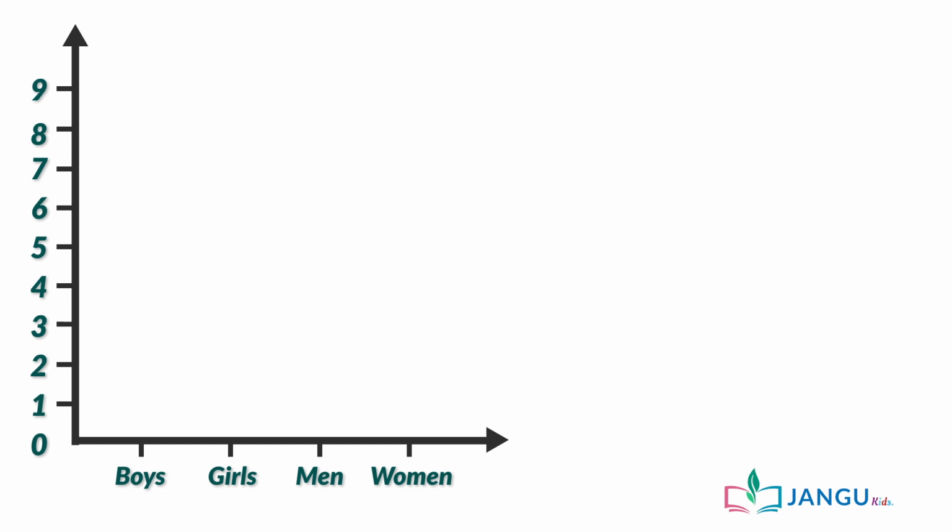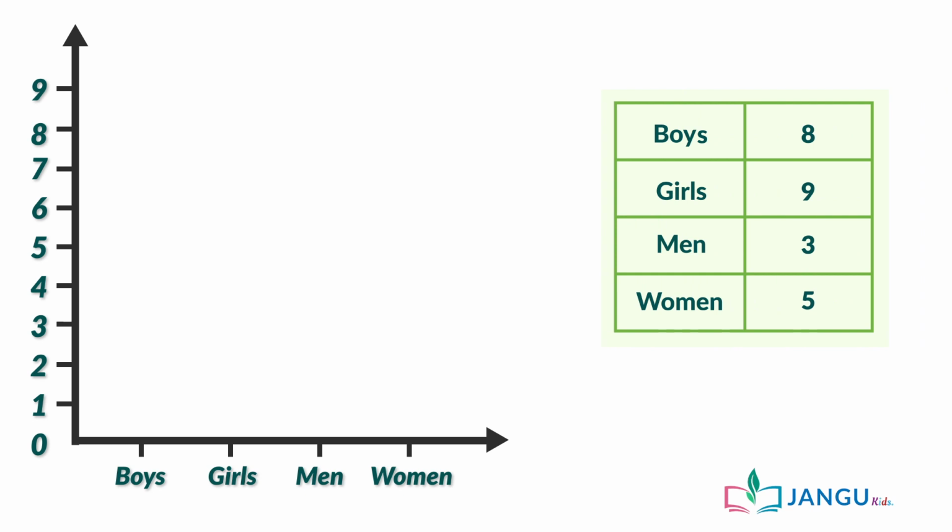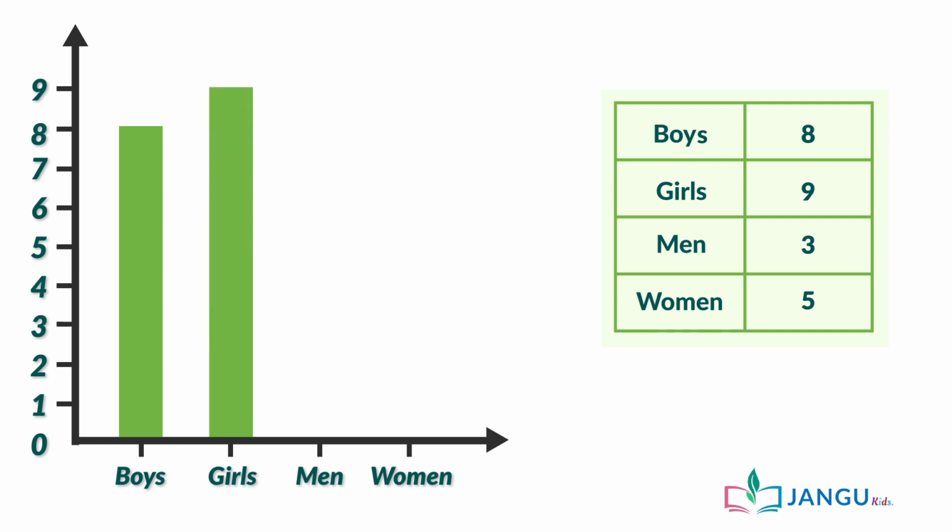Now, we can answer some questions. How many boys were in church? 8. And the girls? How many were they? 9.